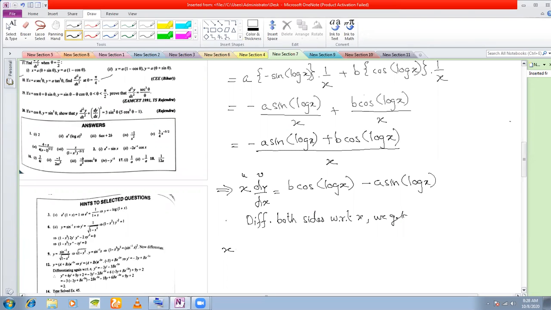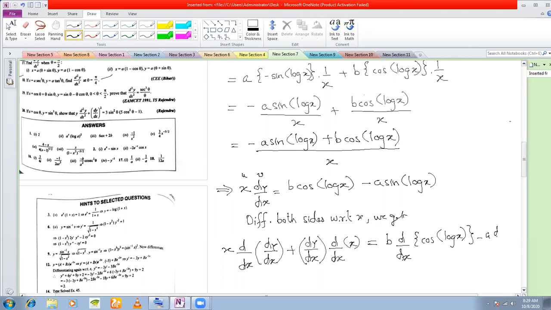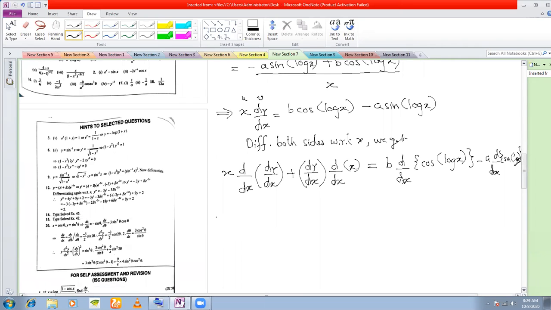This is your u, this is your v. x d dx of dy dx plus dy dx into d dx of x, which is 1, is equal to, now you differentiate this, you get b d dx cos log x minus a d dx sin log x. Okay. So now what do we get here?